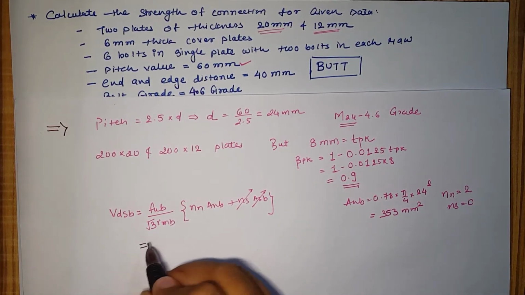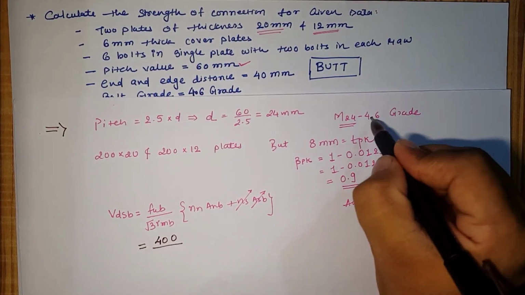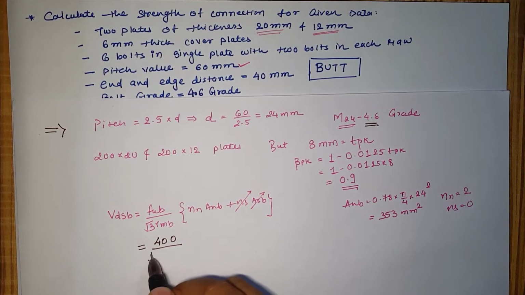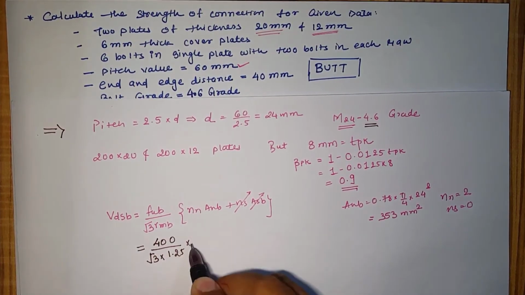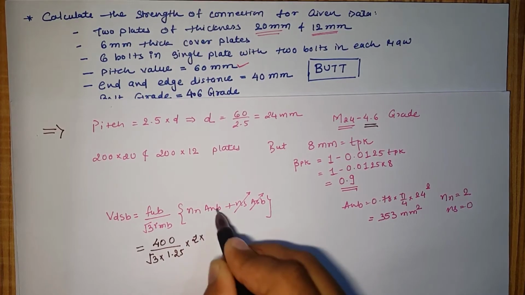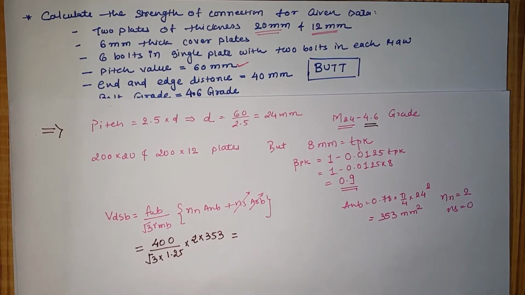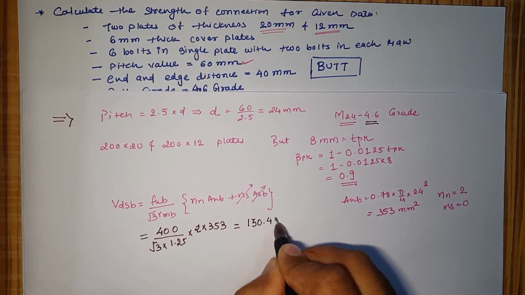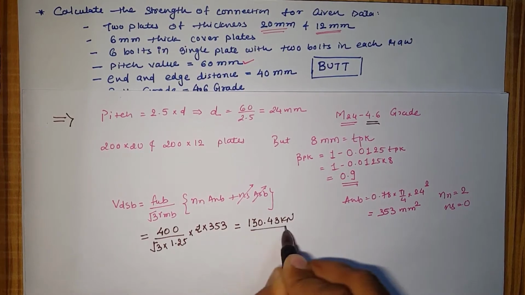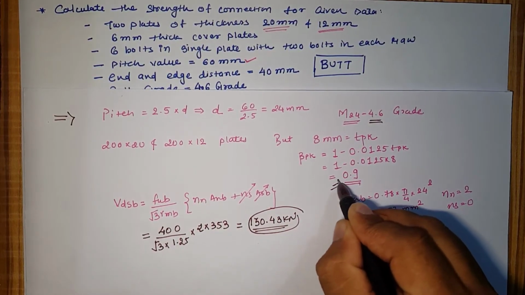Let us put in the values. FUB is 400 according to the 4.6 grade bolt. Root 3 is constant. Gamma MB is 1.25. NN is 2 and ANB is 353 mm square, which gives 130.43 kilonewton. Now this value is multiplied by beta pk.